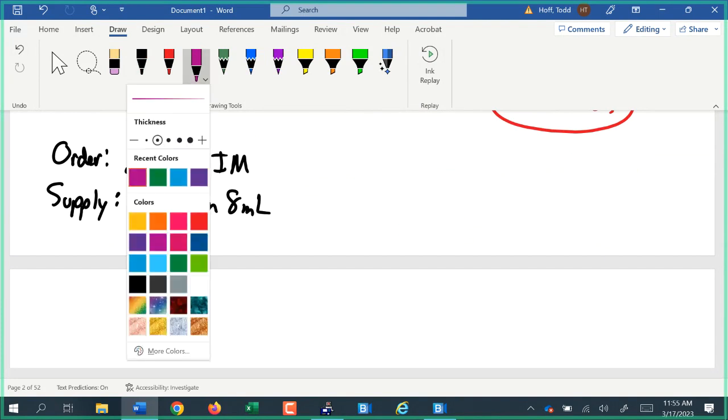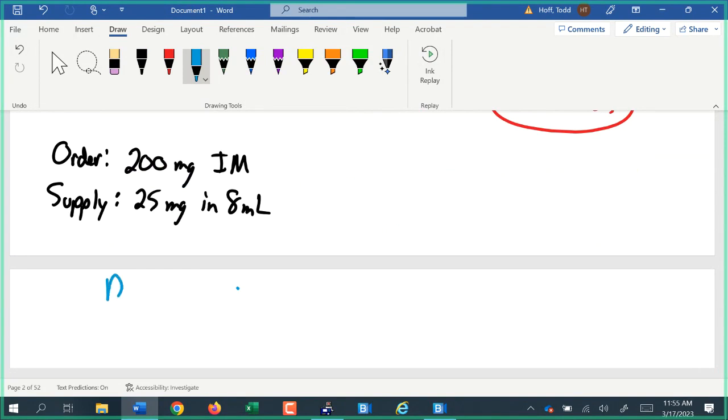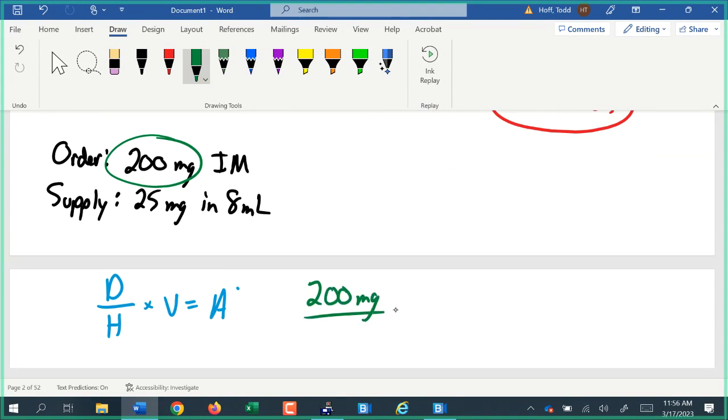So again, my formula, D over H times V equals A. D is the doctor's orders. Well, that's pretty simple. That's the 200 milligrams. I did not specify a medication here, but knowing that it's being administered intramuscularly means we know it has to be a solution, it has to be a fluid.